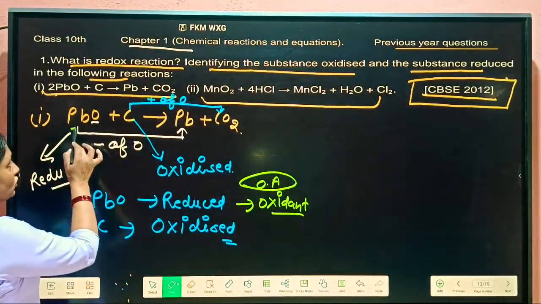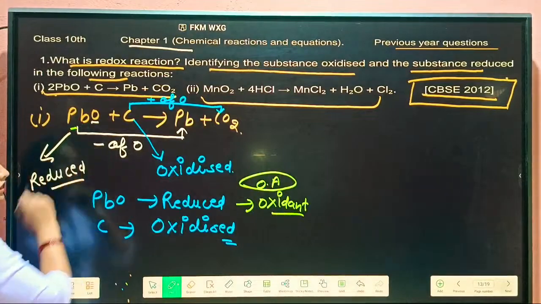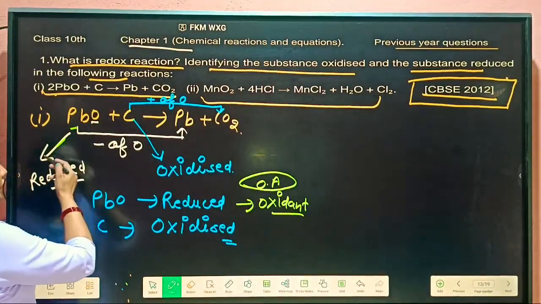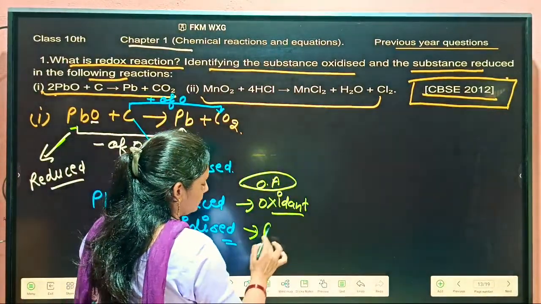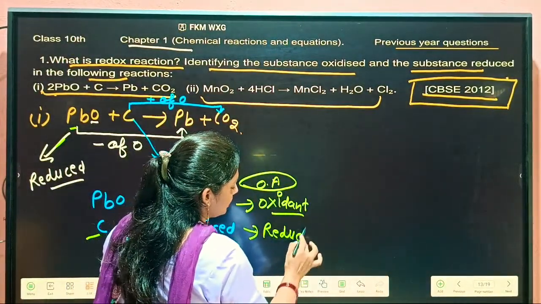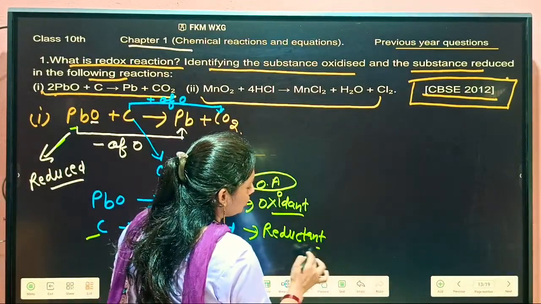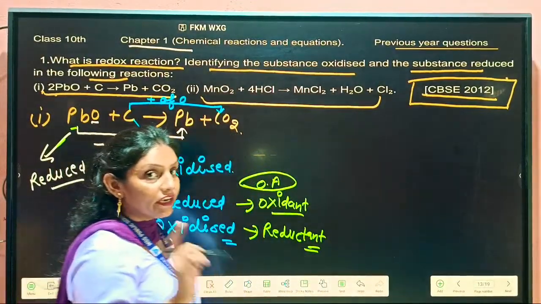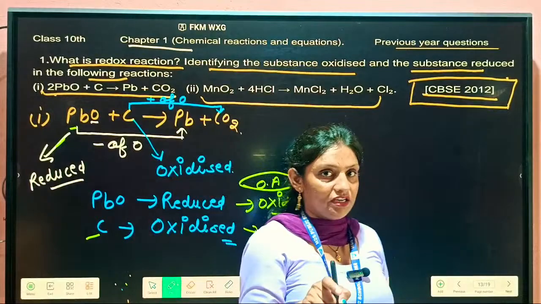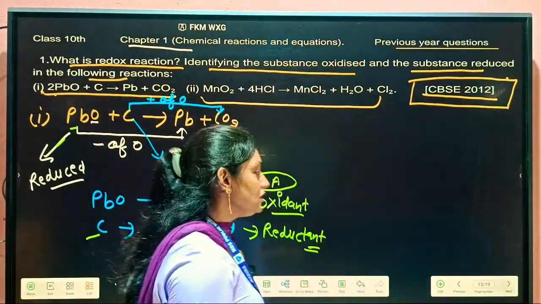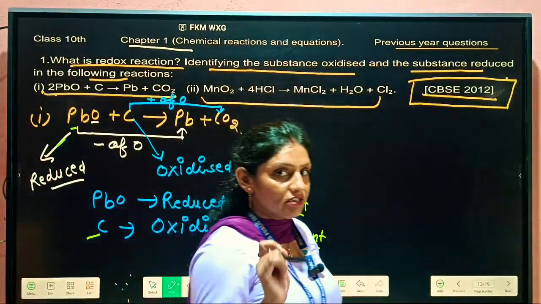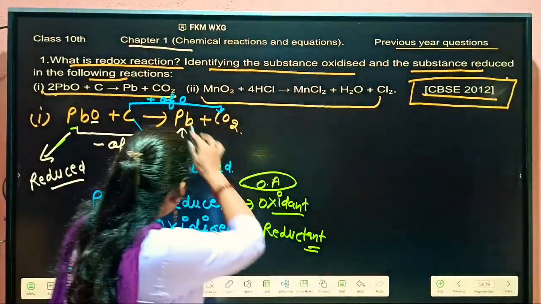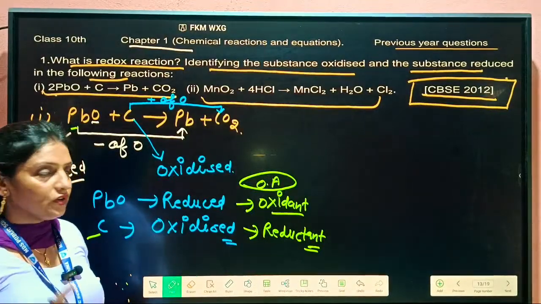So here PbO is the oxidant, and carbon is the reductant. मीन्स जिस सब्सटेंस का ऑक्सीडेशन होता है उसको हम रिडक्टेंट कहेंगे, रिड्यूसिंग एजेंट कहेंगे. ओके, एंड स्टूडेंट जिसका रिडक्शन होता है उसको हम ऑक्सीडेंट कहेंगे, ऑक्सीडाइजिंग एजेंट कहेंगे. I hope the first part of this question is clear to you.